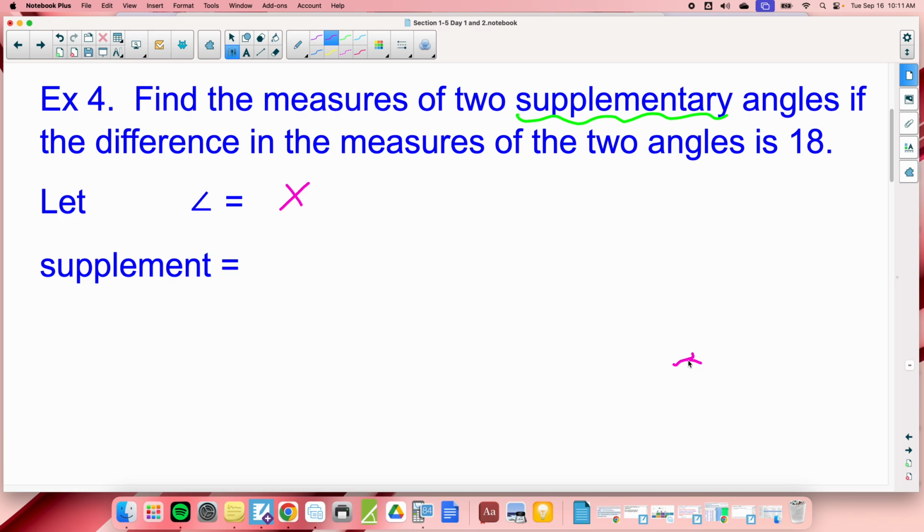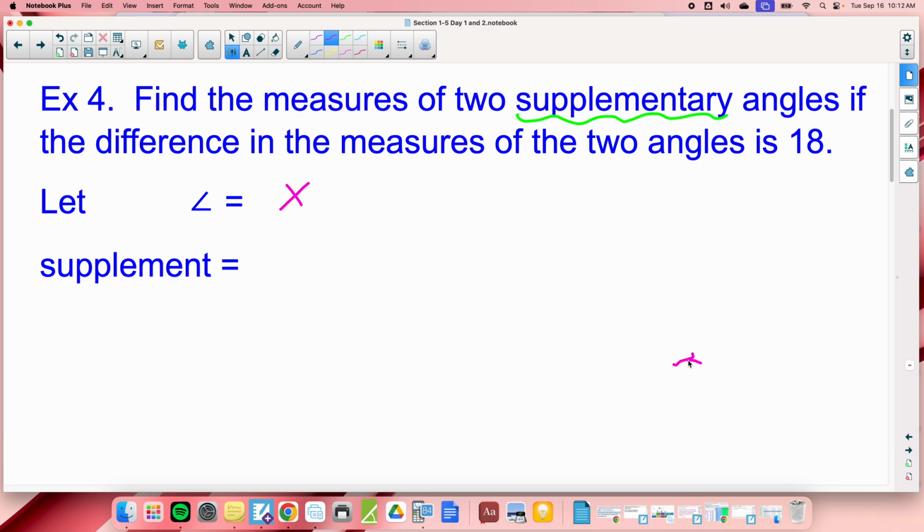What if I said this one is x? So remember, if I said this was 100, you could think 180 minus 100 is 80. If I said this was 150, you could think 180 minus 150 is 30. What if this was x? 180 minus x, okay?